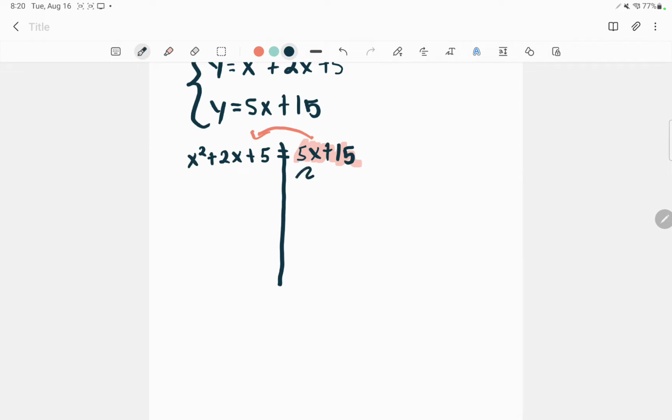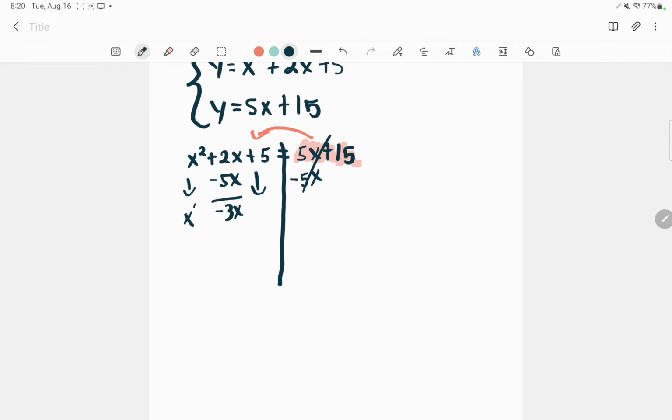So I am going to start with the 5x. I'm going to do minus 5x over here. I'm going to do minus 5x over here. I'm putting it below the 2x because those two are like terms, so the 5x's cancel, and now we have 2 minus 5, which is negative 3x, and I'm going to bring everything down.